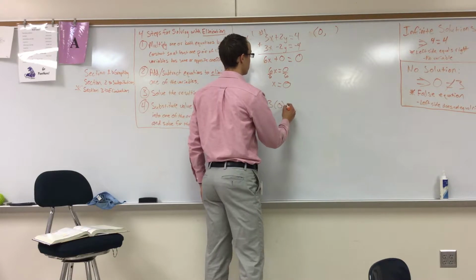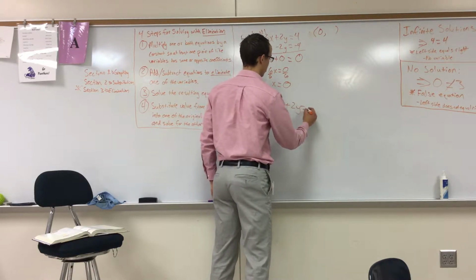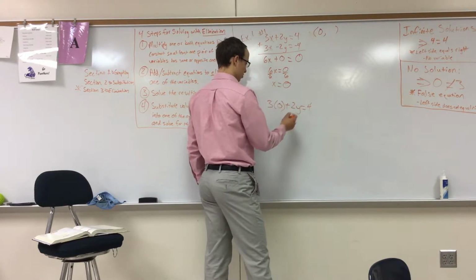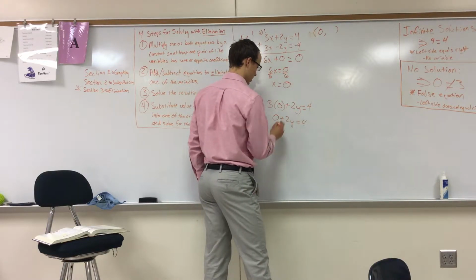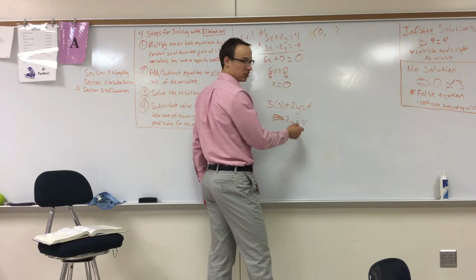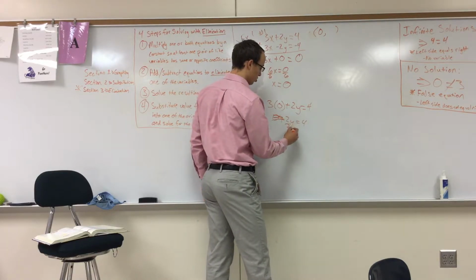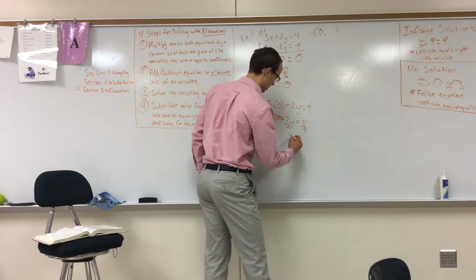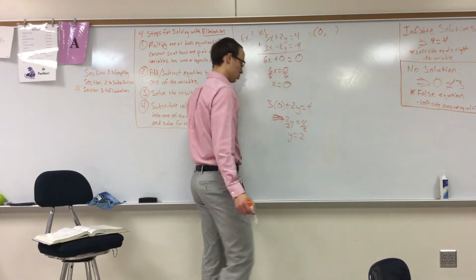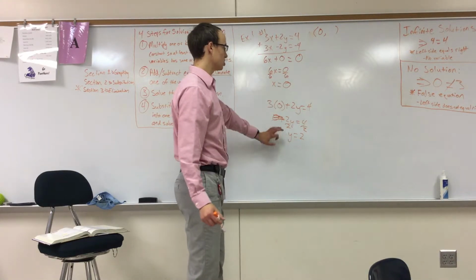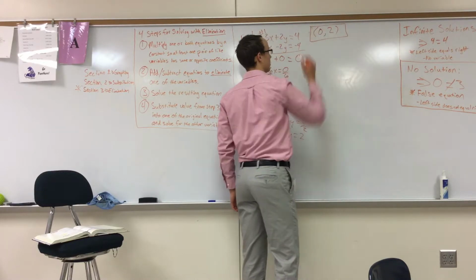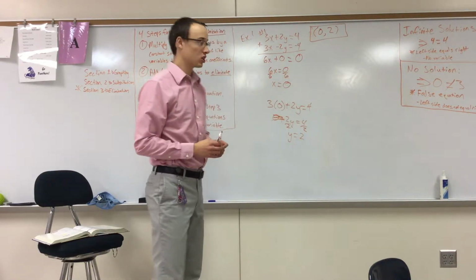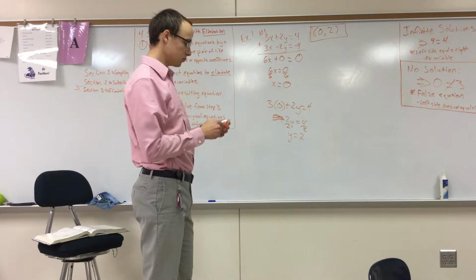So 3 times 0 plus 2y equals 4. 3 times 0 is 0, that goes away, so 2y equals 4. Then I just need to solve for y, so divide by 2 on both sides, and I get y equals 2. So x equals 0, y equals 2, and that, folks, is my answer for example 1.